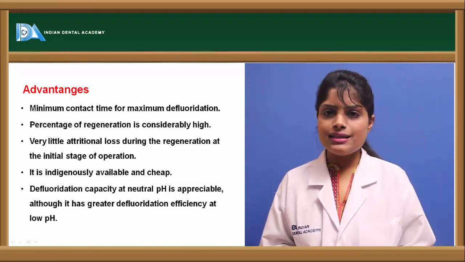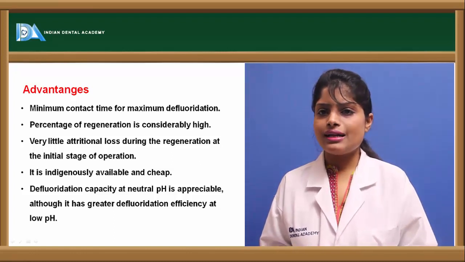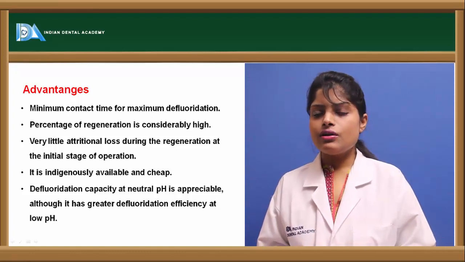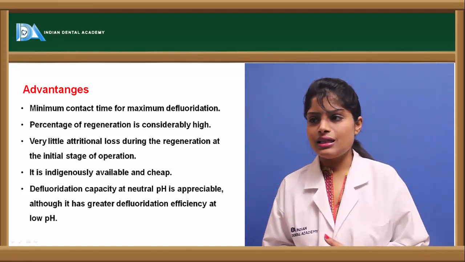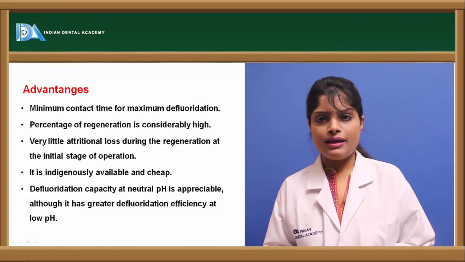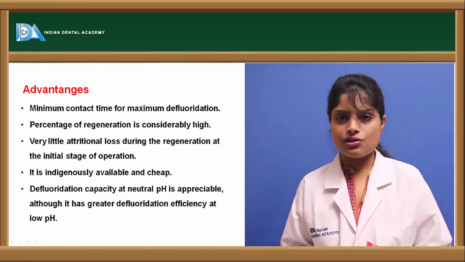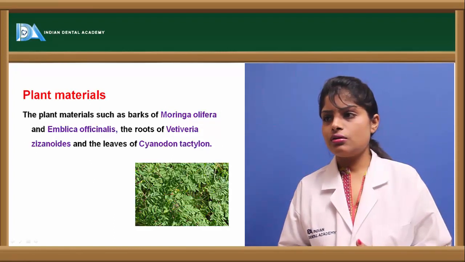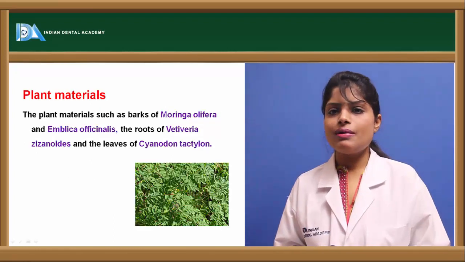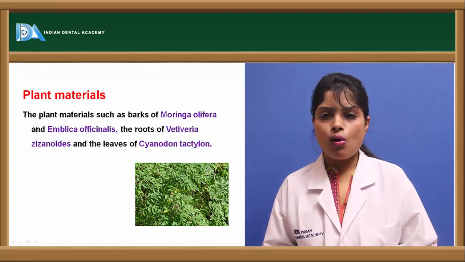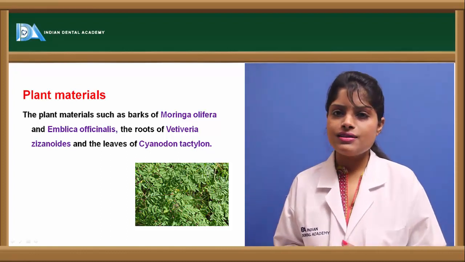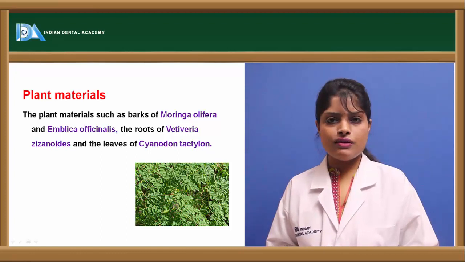It is readily available and is a cheap process. Even the defluoridation capacity at neutral pH is appreciable. It does not require a very low pH for activation and conduction. Even certain natural materials like umbilica, moringa, the roots, the leaves and the barks of plants are used for defluoridation.